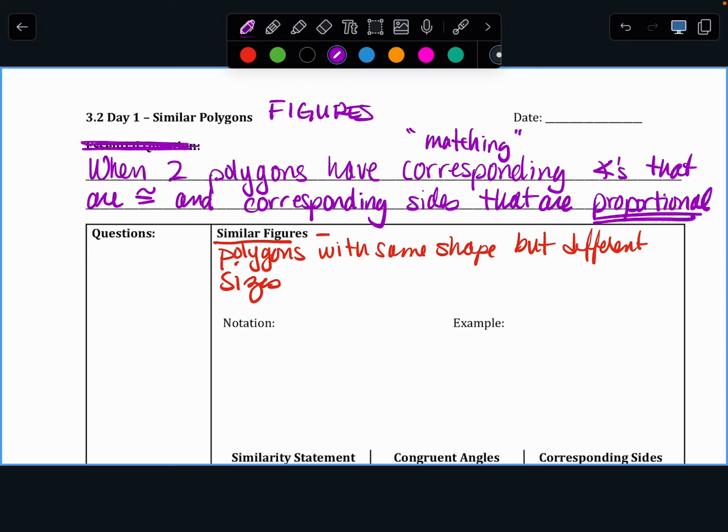They have corresponding angles that are congruent and corresponding sides that are congruent or that are proportional.